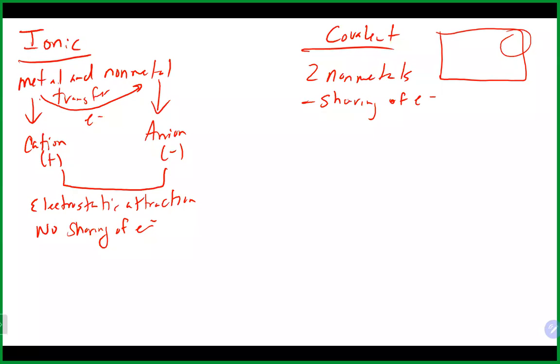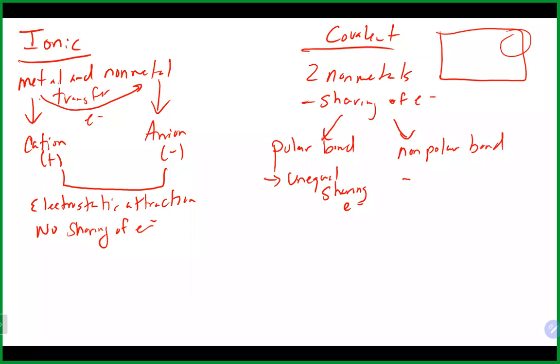And as we talked about, the sharing falls into two categories. One is a polar covalent bond. In a polar bond, we have unequal sharing of electrons. The other category is a nonpolar covalent bond, and there we have equal sharing of electrons.